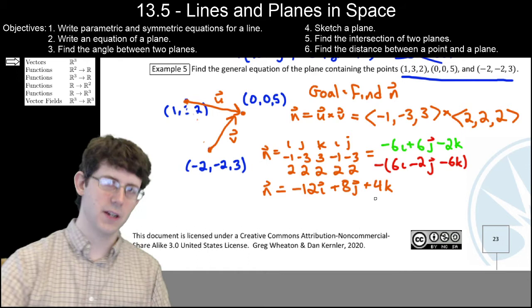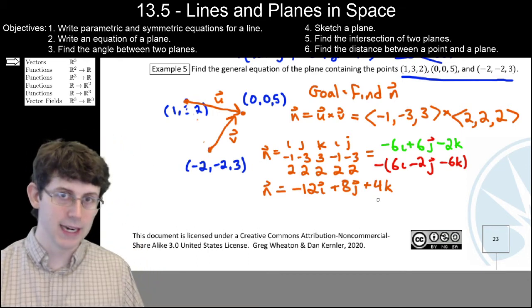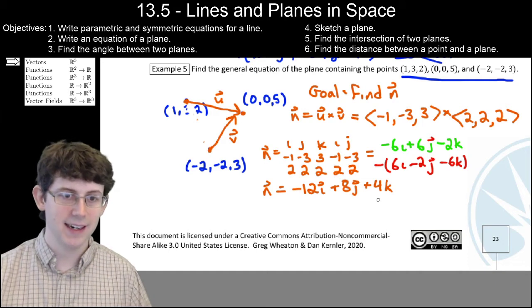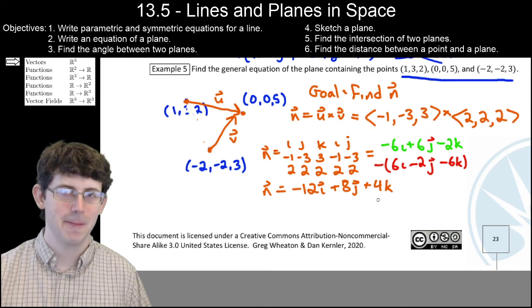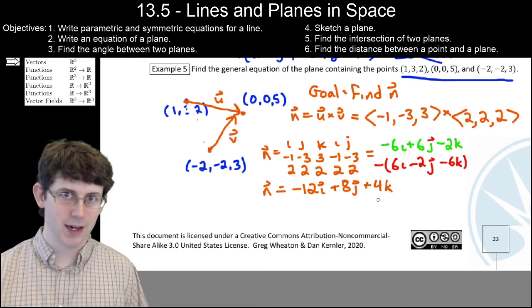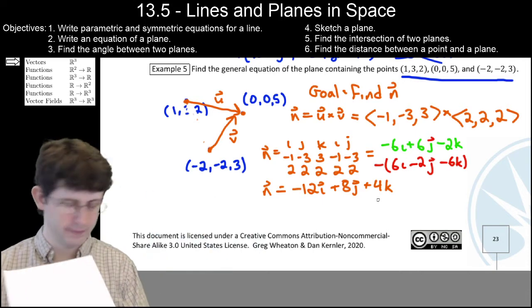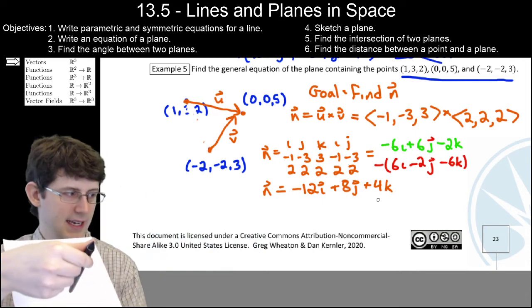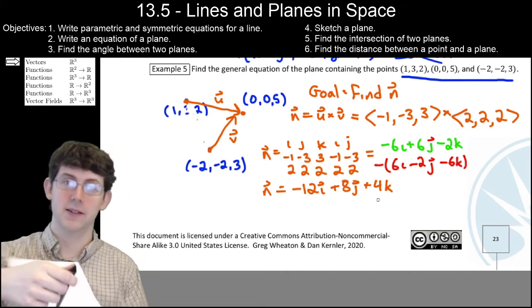Now, a thing you should notice here is that there are lots of normal vectors to a plane. This particular normal vector has larger numbers than are necessary. Any normal vector will work. So this normal vector is like this direction, but it's 4 times as long for no particular reason.